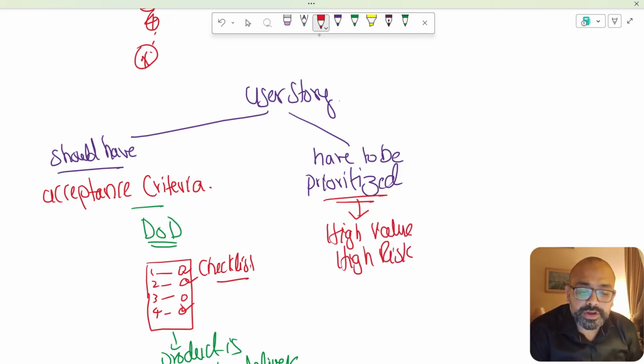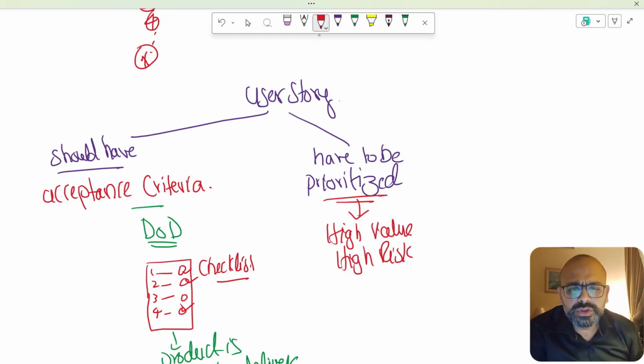Always try to prefer the high value work up front and always try to prefer the high risky things up front. That's one of the teachings of Agile. Do the risky things first so you know that you are failing. And if you are failing, you are learning. And if you are failing, you might change your path. So high value, high risk items should be prioritized to the top.